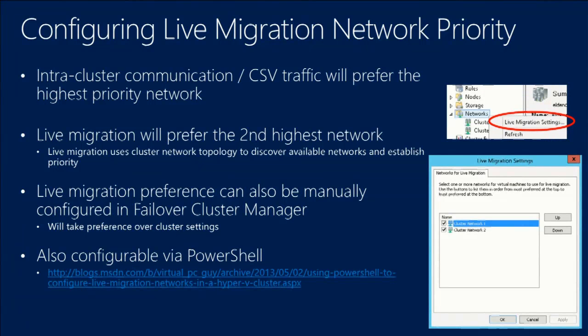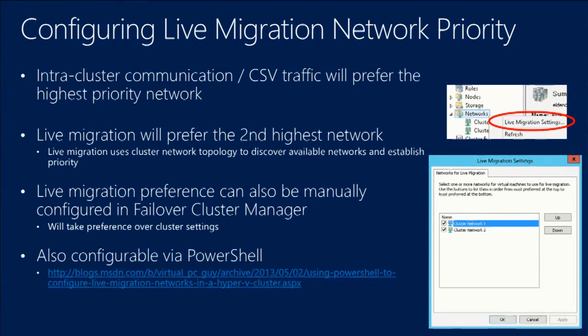So the cluster traffic is sent over the highest priority network, and live migration is sent over the second highest priority network. That gives a nice balance for cluster shared volume traffic, intra-cluster communication traffic, and the live migration traffic.